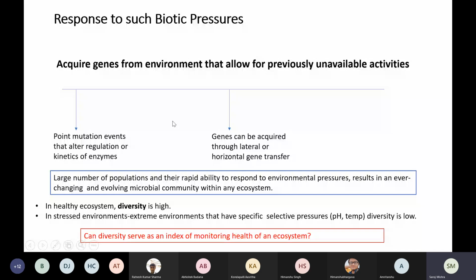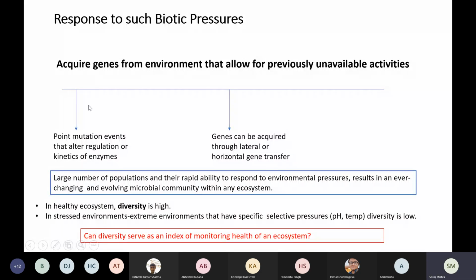The plasmids are released into the soil, and that plasmid can be taken up by Pseudomonas through transformation. There are so many events which allow this genetic exchange to occur. So this enters into Pseudomonas. Acquiring that plasmid is going to confer the ability to degrade naphthol in the Pseudomonas.